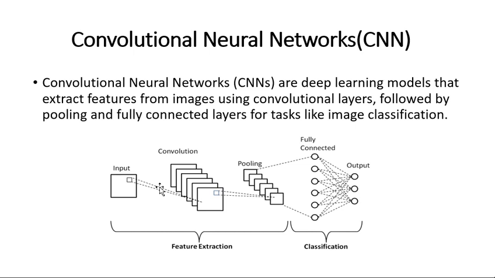So the convolution layer. When the image is supplied as an input, it will go to the feature extraction. The intention of this model is to identify the features of the image properly.